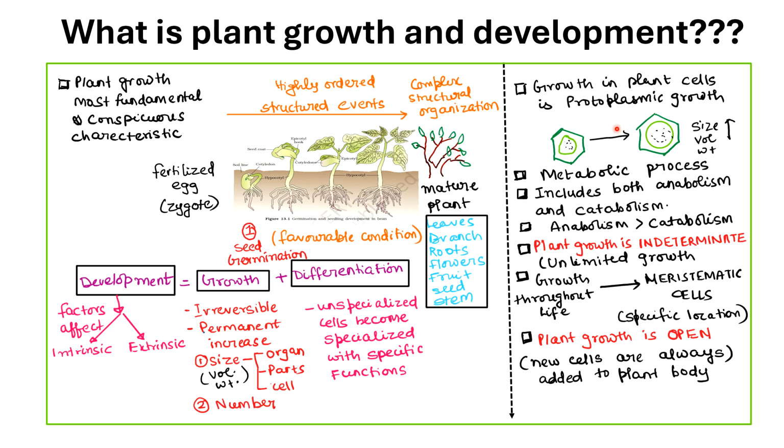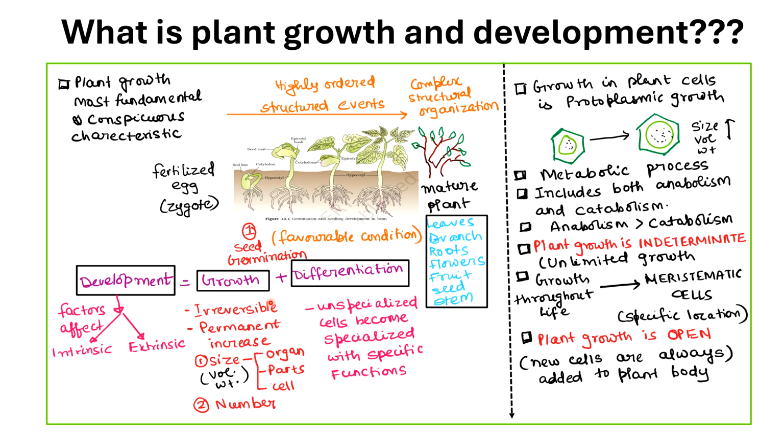As a result of the increase in protoplasm, the size of the cell increases, volume increases, weight increases, and after reaching a certain size, the number of plant cells also increases because the cell tends to divide, right?